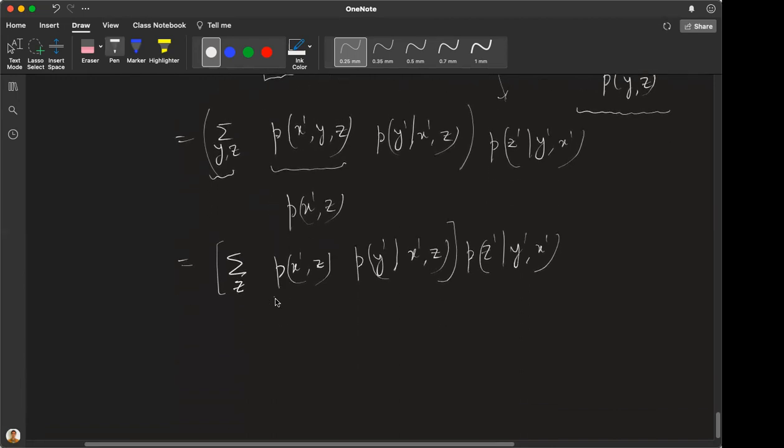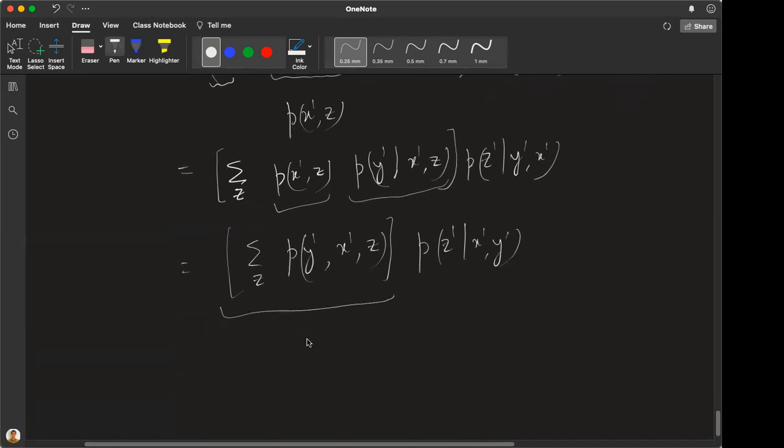Now, what do you find? These two terms again combine together to give you P of y dash given x dash comma z, times P of z dash given x dash y dash. This is summation over all z, and z here can be summed over and this vanishes.